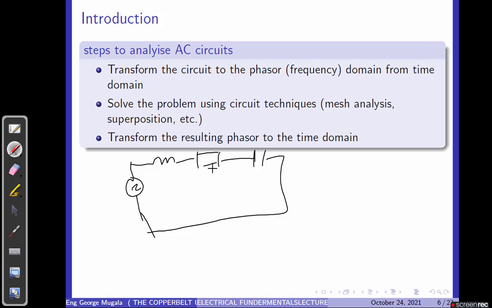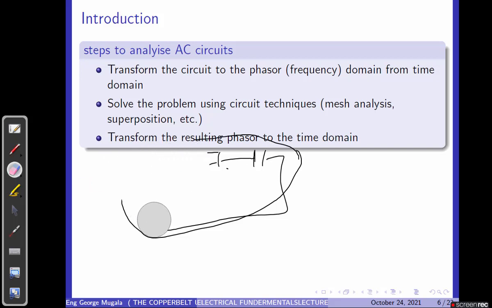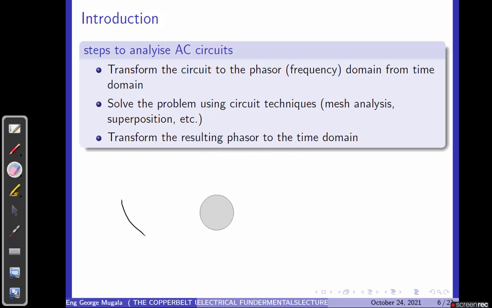So what are the steps? For us to be able to work with this circuit as if we're working with it in DC format, there are some things that we need to do. We have to convert this circuit into its complex equivalent.